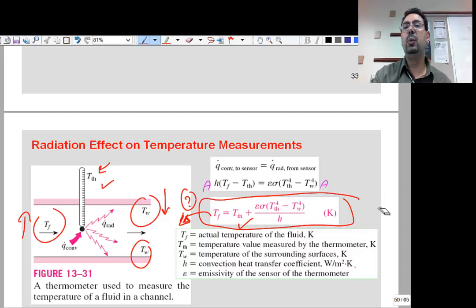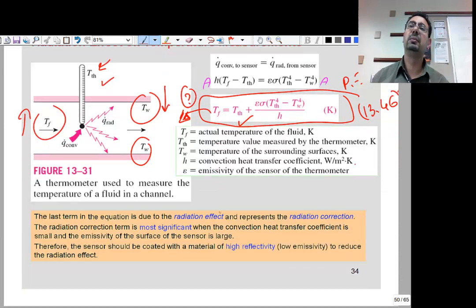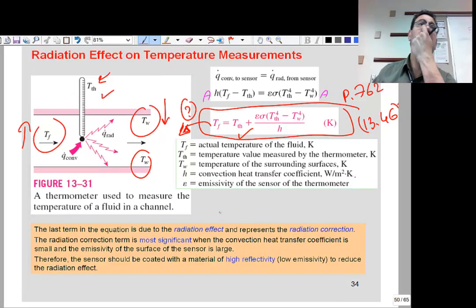Can you read it? Which equation is this? Can you tell me the page number? Page 762, number 13-46. That's the equation. So this equation corrects the thermometer for radiation and convection to get you the true TF. All right? Question?